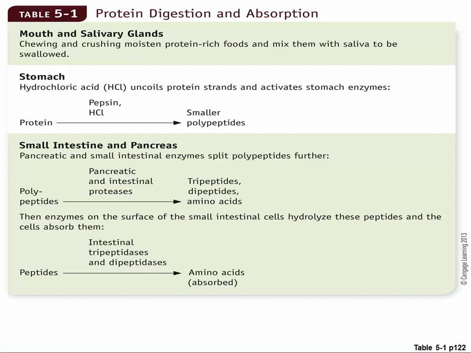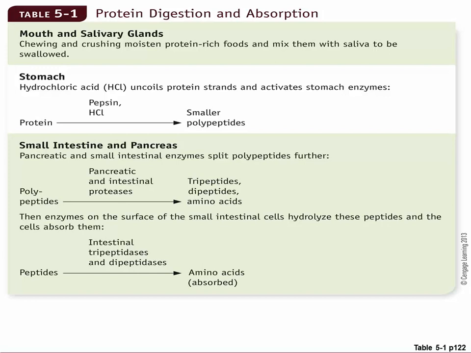It ends in ASE. Very good. And then we're going to break them down into tripeptides, dipeptides, and your amino acids. And remember that these hydrolyze the peptides, and then that allows the cells to be able to absorb them. Okay, and then they can utilize them.